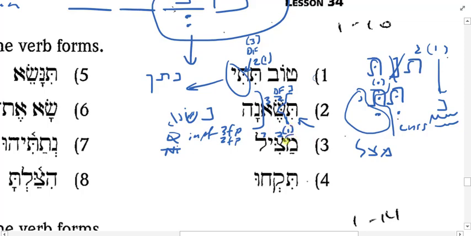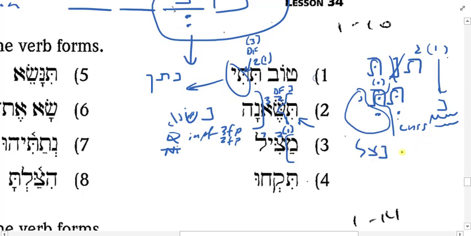What might that mem represent? It might represent a participle. Good. If it represents a participle, then we're probably looking at the tsade lamed with what letter in front of it? Noon. Natsal. And is that one of our new verbs in this chapter? It is.